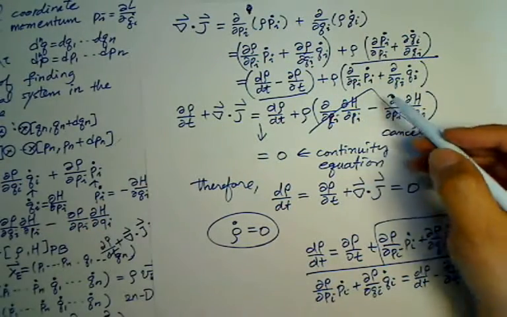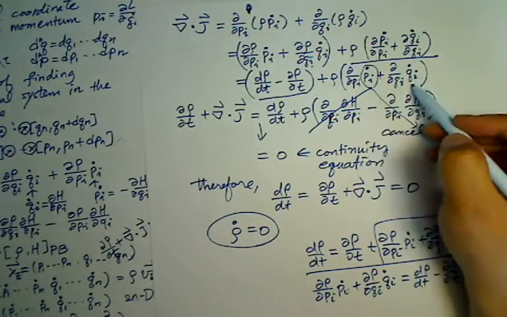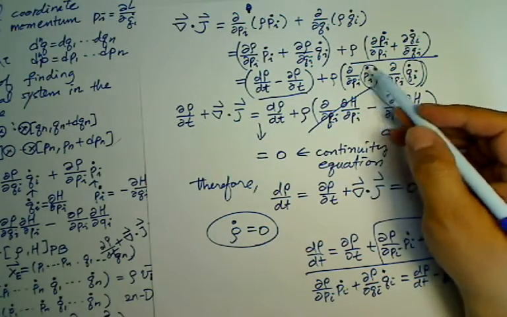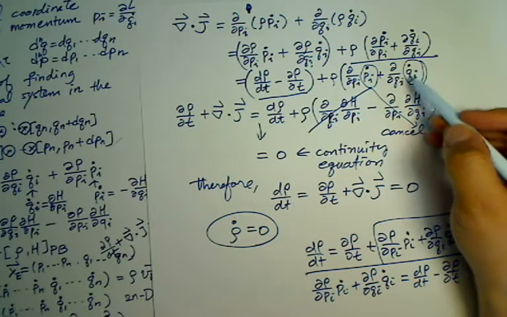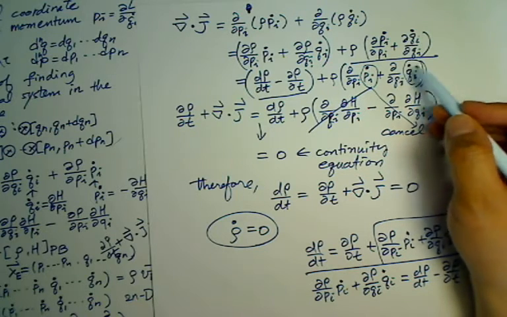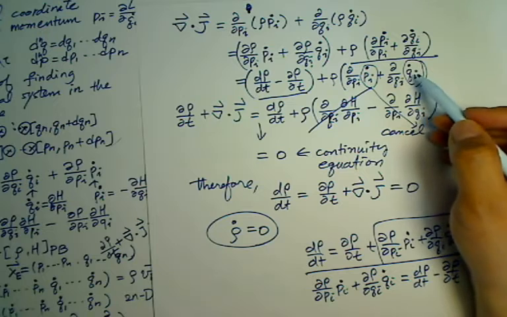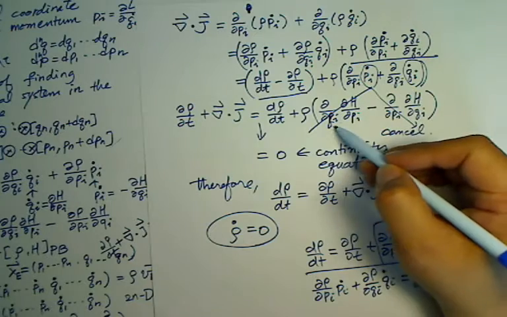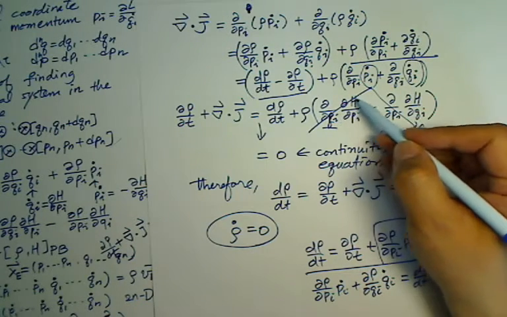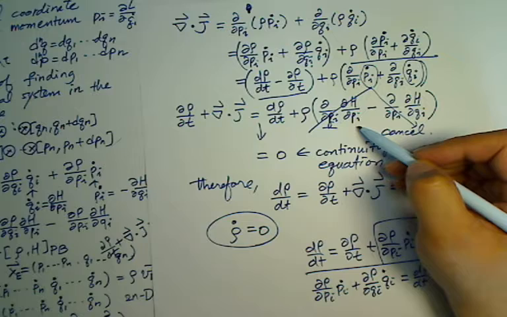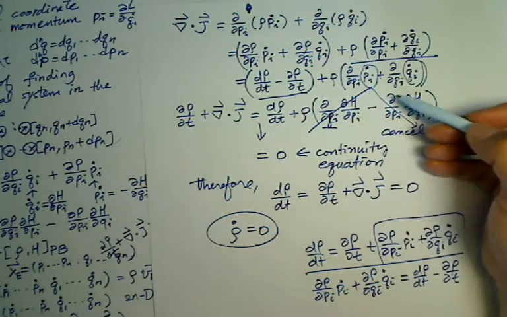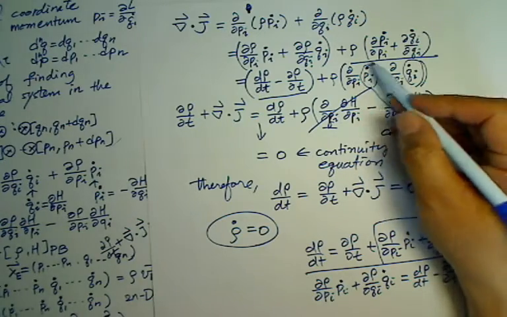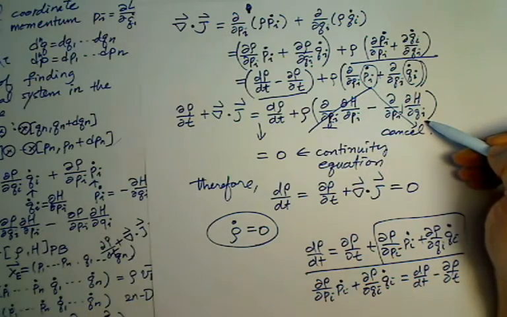For this one, we can make use of Hamilton's equations for pi dot and qi dot. Qi dot is the Hamiltonian's partial derivative with respect to pi, so this is replaced here: the qi derivative and the Hamiltonian's pi derivative. Next, this one is moved here: the pi derivative and the Hamiltonian's qi derivative.